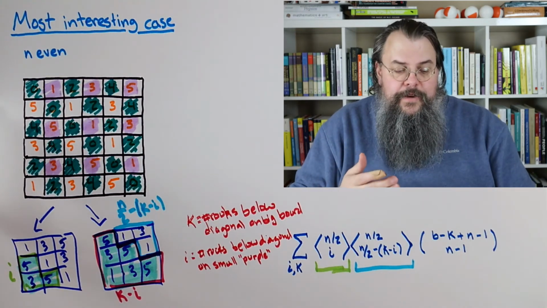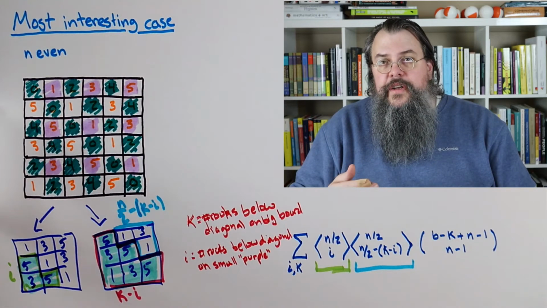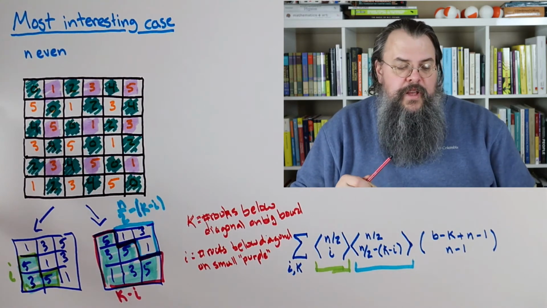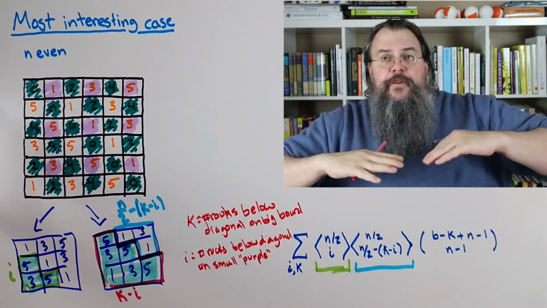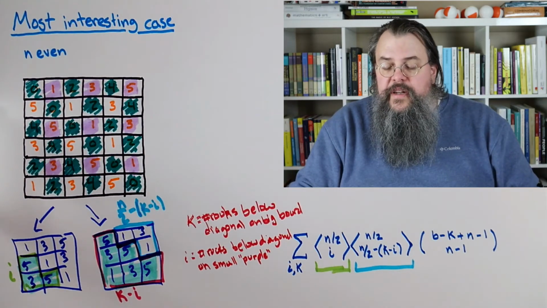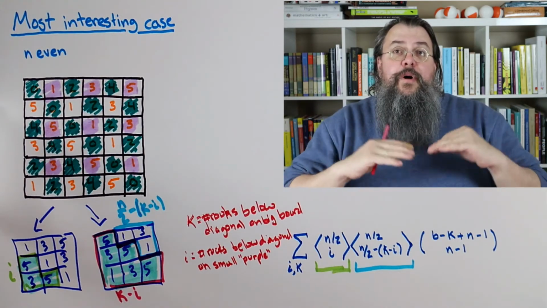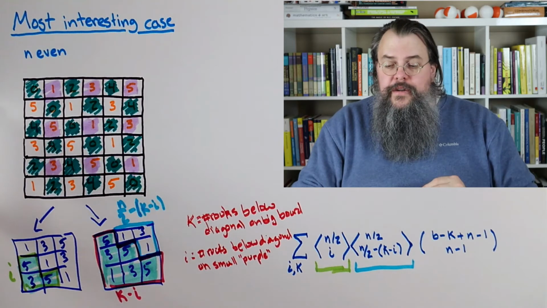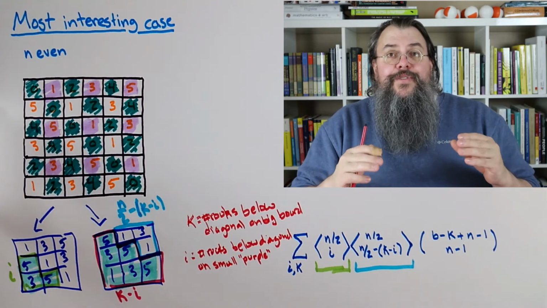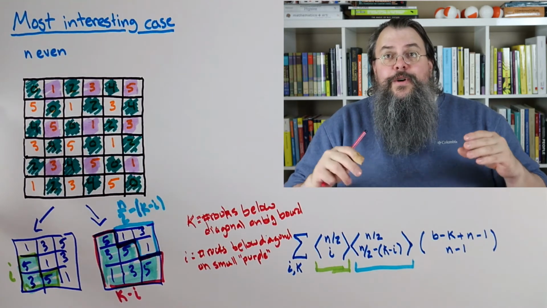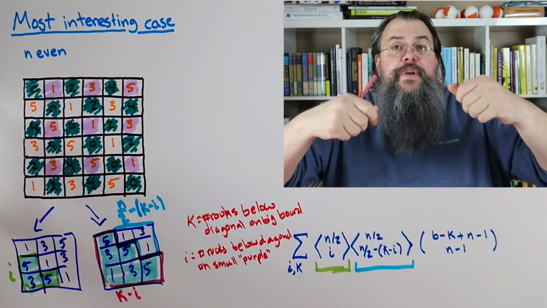Now, what's left? Well, the last part is to say, we know we have k rooks below the big diagonal. That means we have k balls already spoken for in the pattern. We want to get to b balls total, so we'll need to do some bumping up.